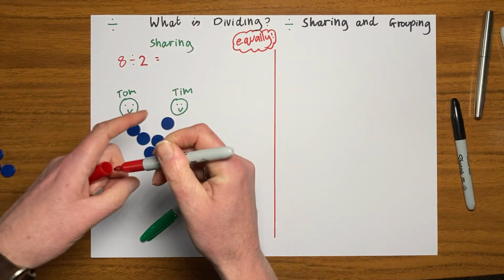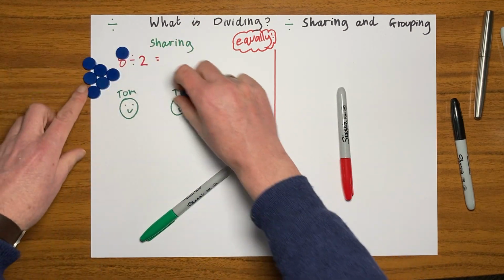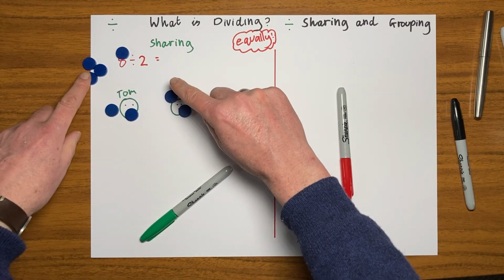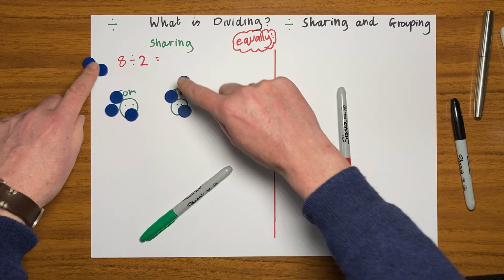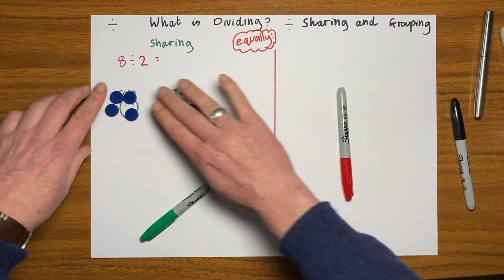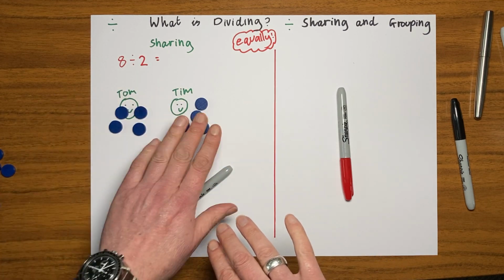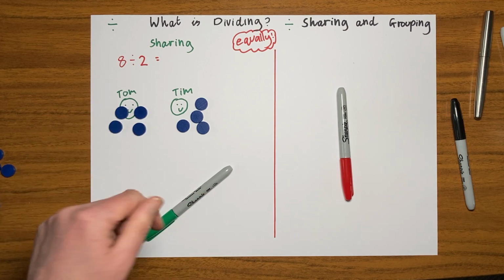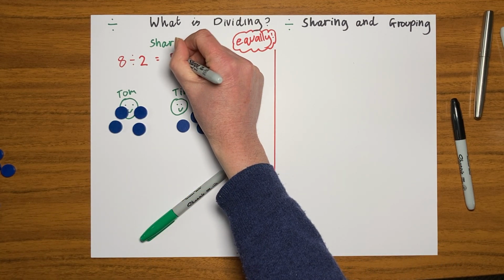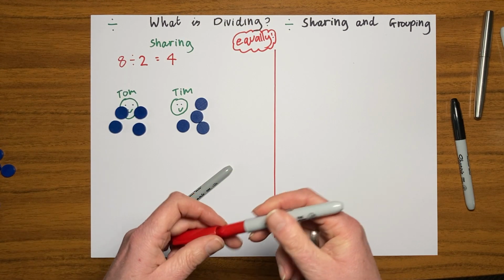So if I share them again equally, really important, there's my 8. 1 to Tom, 1 to Tim, another to Tom, another to Tim, 1 to Tom, 1 to Tim, 1 to Tom, and another to Tim. And as you can see, they've both got the same amount. How many have they got? They have got 4. And that is sharing.